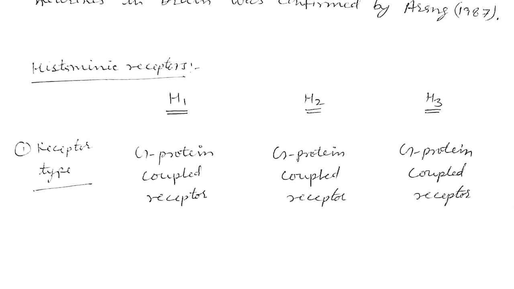Similarly, histaminic receptors are present throughout the body. Depending on the type or nature of the protein and type of the receptor, we can classify them into different categories. So now we are discussing the type of receptor.